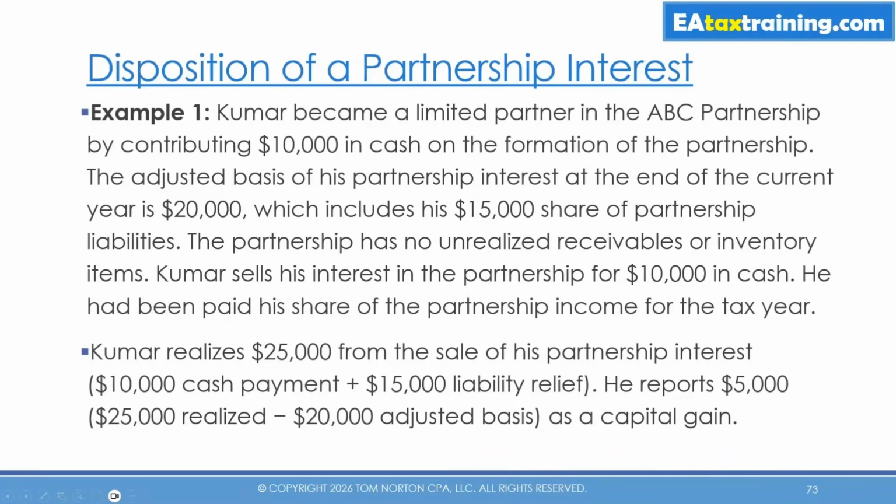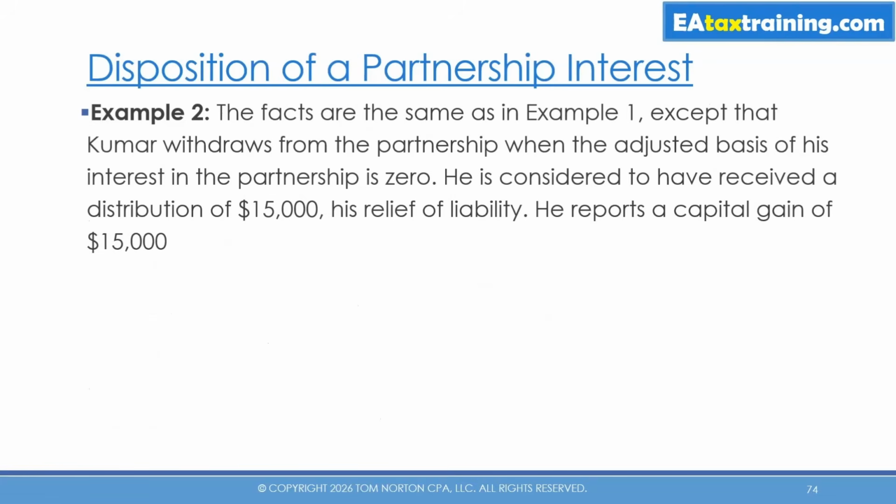Pay attention. Example 2. The facts are the same as Example 1, except that Kumar withdraws from the partnership when the adjusted basis of his interest in the partnership is 0. So he's not able to sell his partnership interest, so he just withdraws. So you might think, well, that's nothing, right? No, that's not true. He still has gotten off the hook for the $15,000 of liabilities he was responsible for.